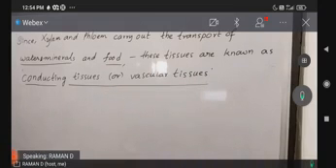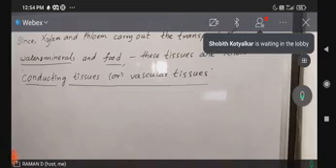Conducting tissues are vascular tissues. So what are the vascular tissues in plant? Xylem and phloem.